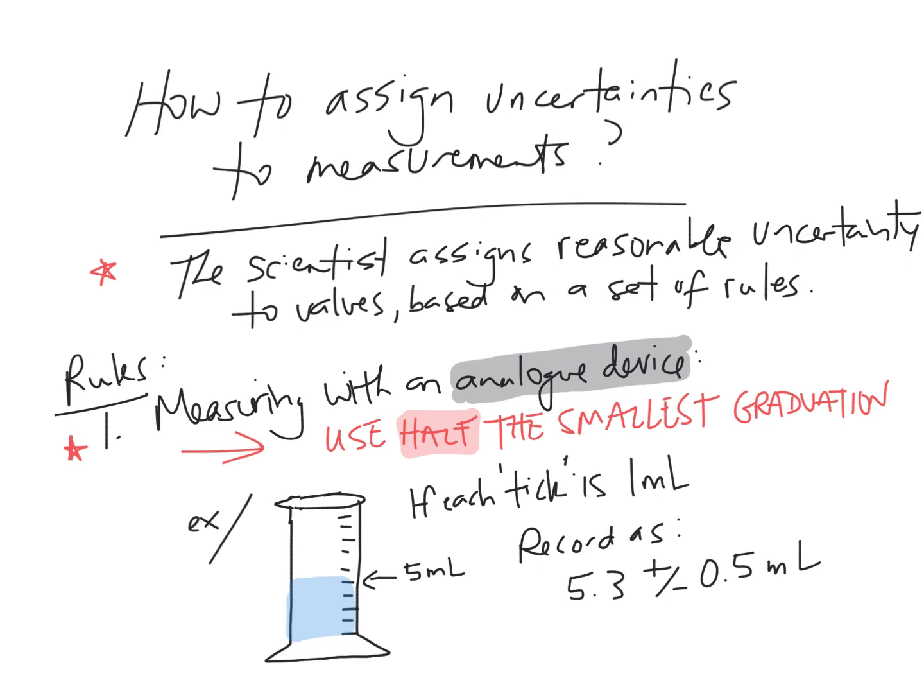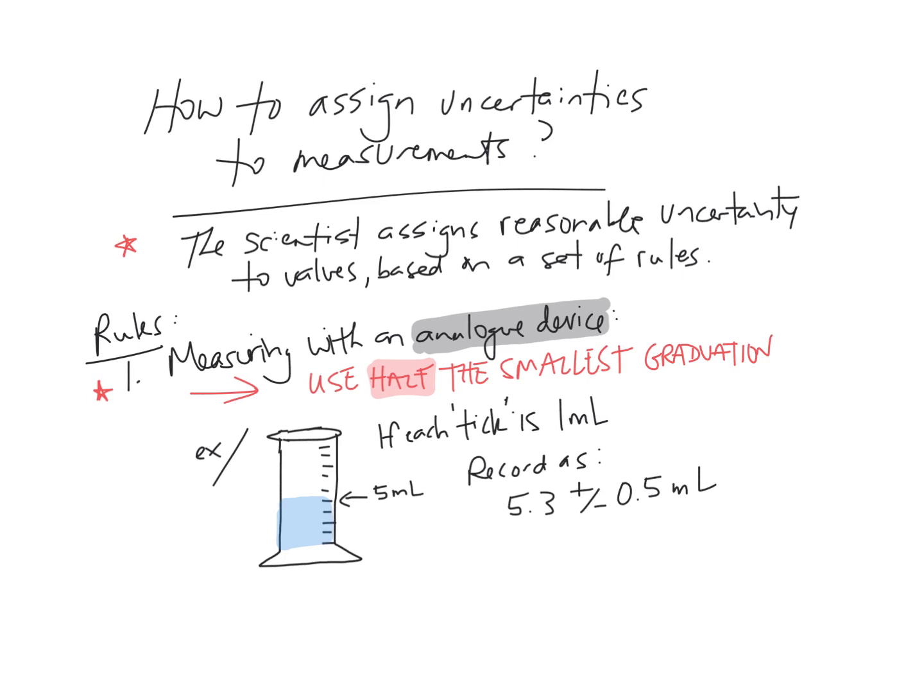So if you have a look here, for example, if you're using this graduated cylinder that I've drawn here, by the way, the graduation is what we would think of as a tick on the scale. If each tick is 1 milliliter on this graduated cylinder, and that represents an amount of water in there, we might see that it's over the 5 ml tick, but it's not all the way to the 6.